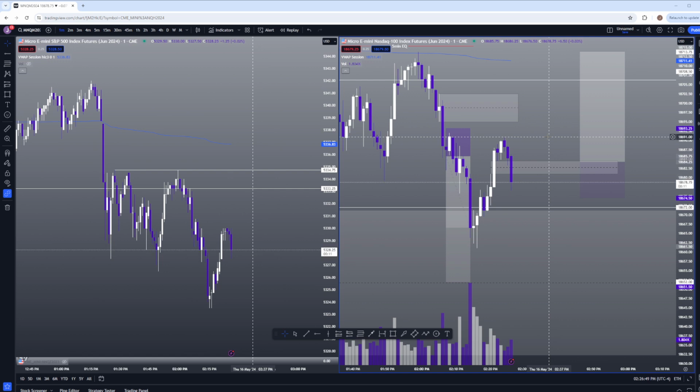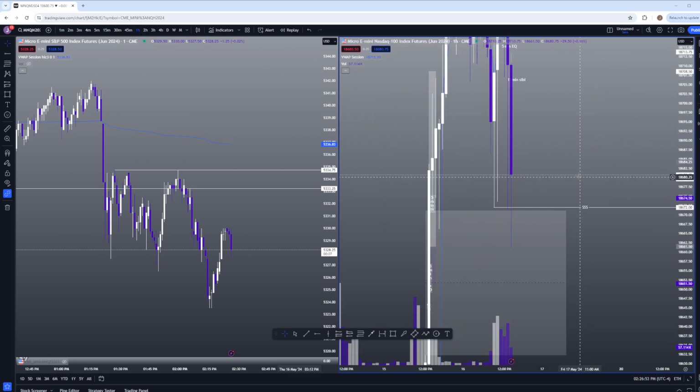Right, I mean, there's still a possibility that we could keep heading down, but like I said, the hourly time frame has been keeping me from wanting to continue to short this.